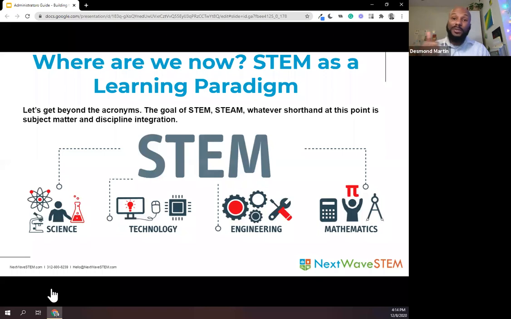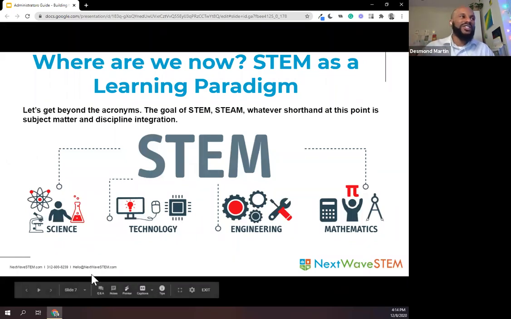That is the subject matter, what your students are actually learning, and your ability to integrate across disciplines. If students can take multiple disciplines that they're learning and apply them to solving singular problems or even problems amongst teams, then STEM is going to become an effective way for your students to actually be relevant in the workforce and be much, much better prepared for that next level of education.